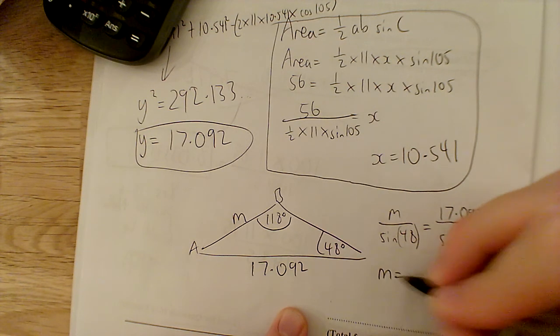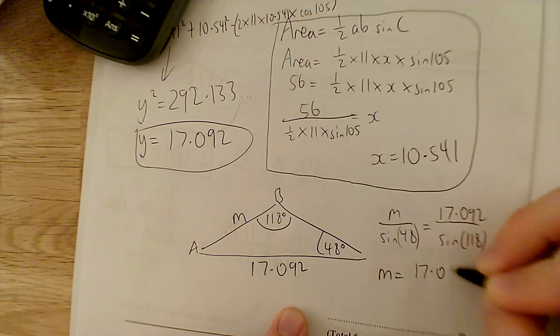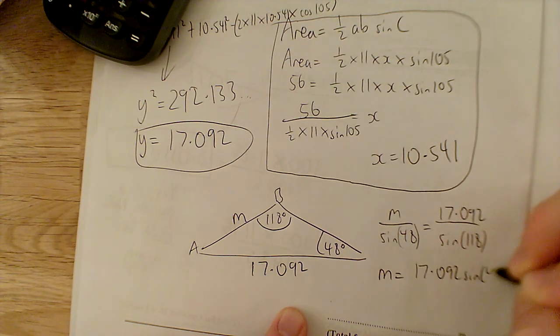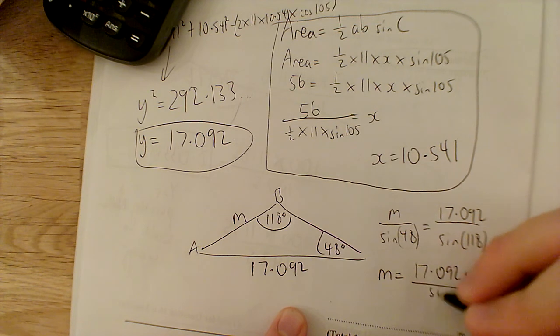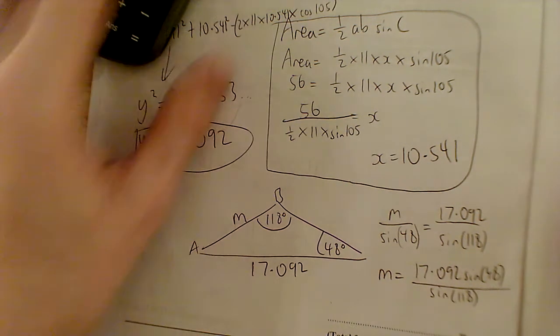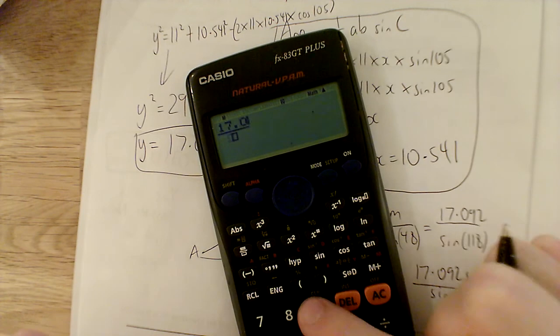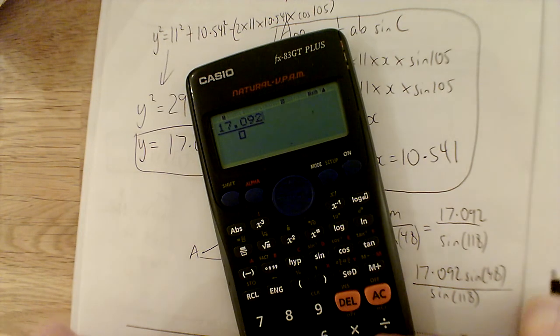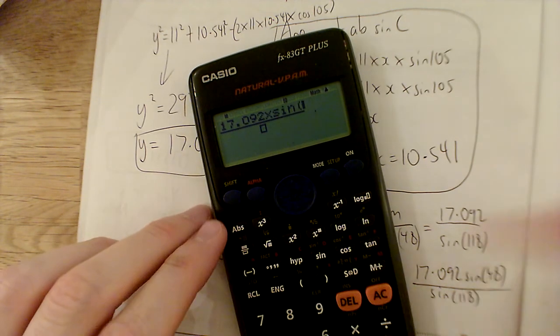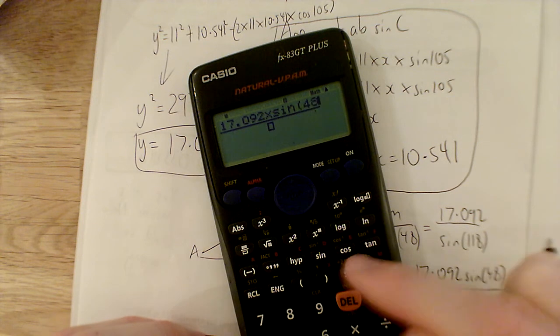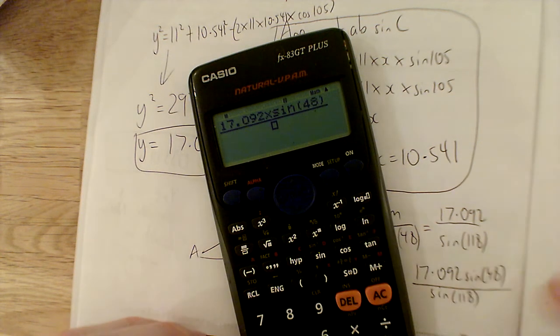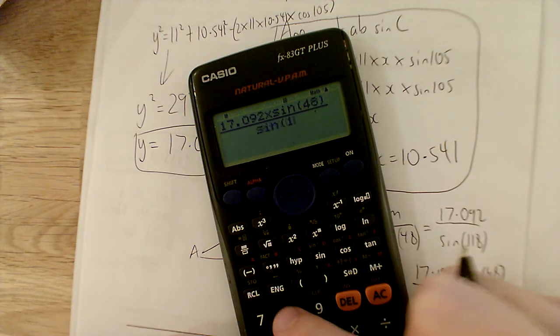Now if I rearrange this slightly, if I times both sides by sine 48, it's quite a long question, I'll admit. If I put this in my calculator now, 17.092 times by sine of 48 over sine of 118.